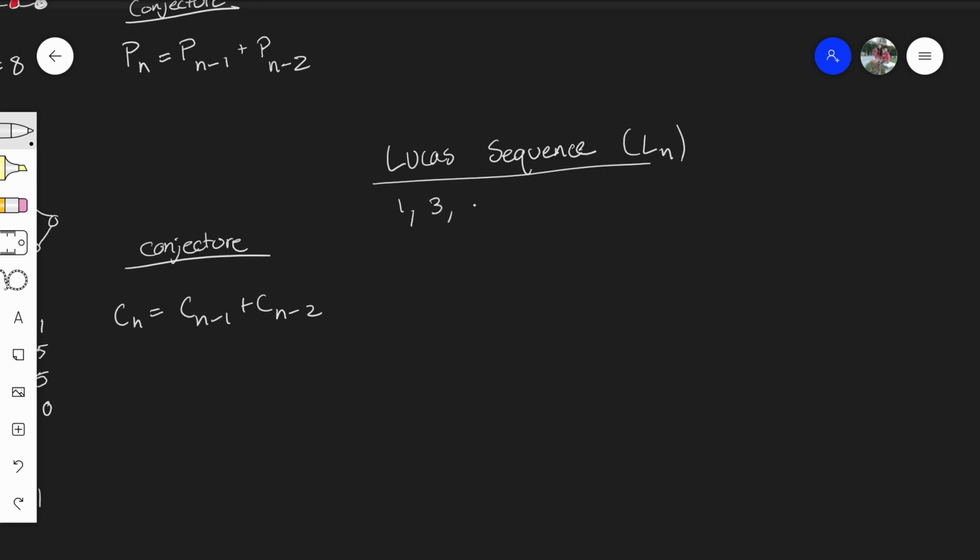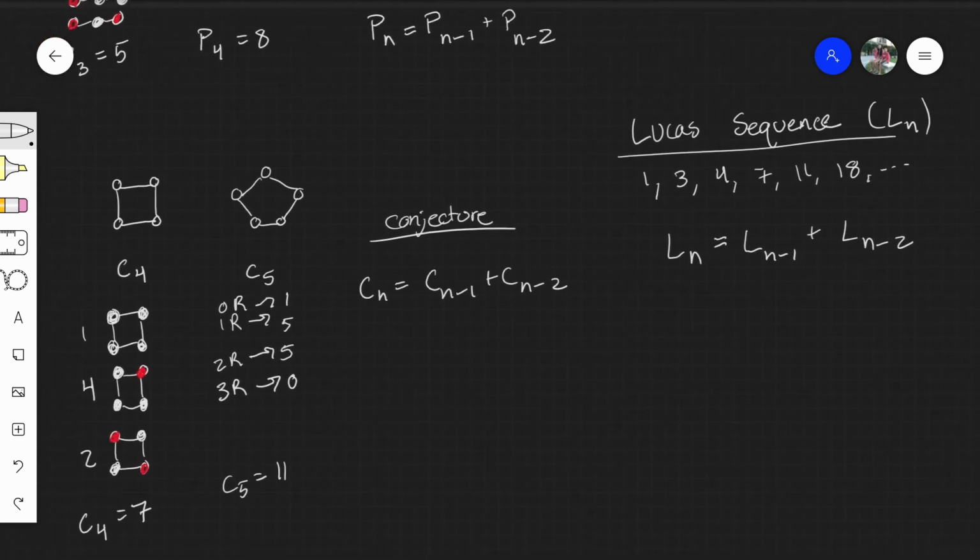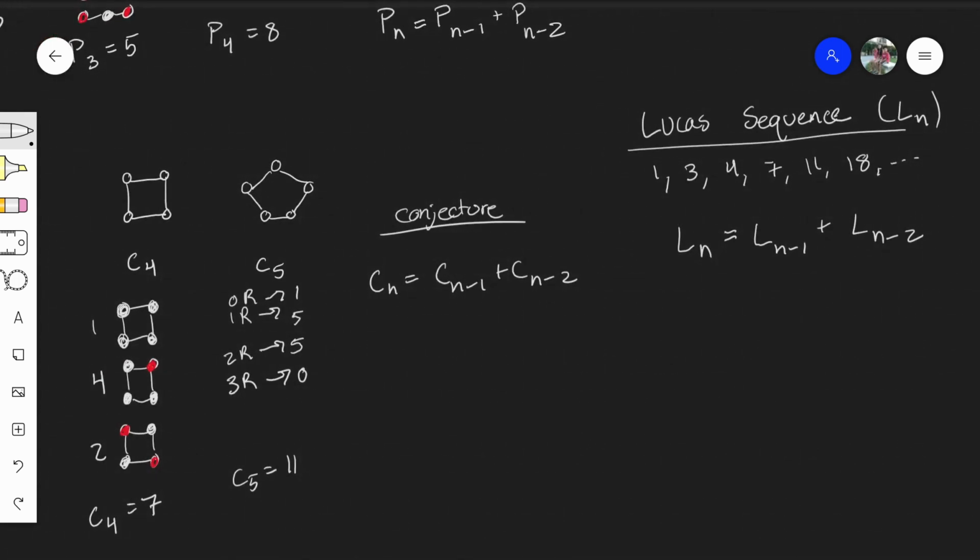So after 1 and 3 comes 1 plus 3, then 3 plus 4, then 4 plus 7, and so on. And we represent the recursive relationship such that each term L_n is the sum of the previous two. So by this pattern, we might conjecture that C6, the hexagon graph, might have 18 ways you can color it.